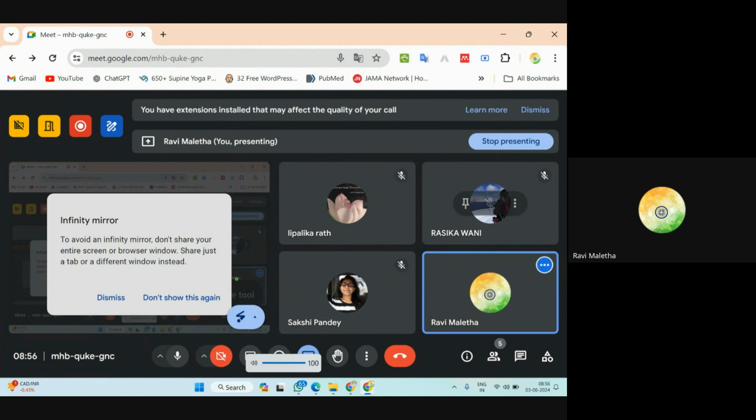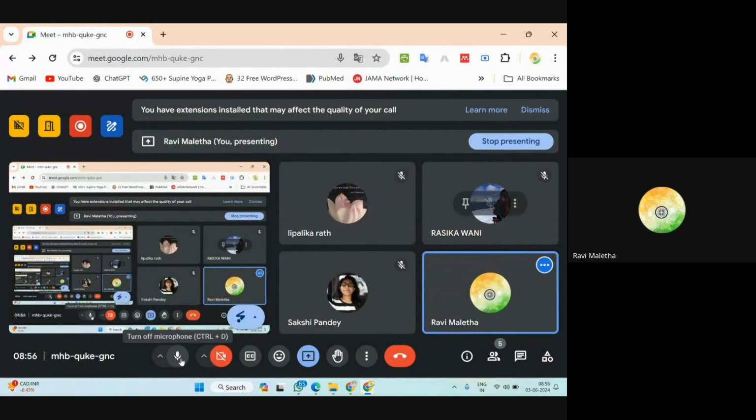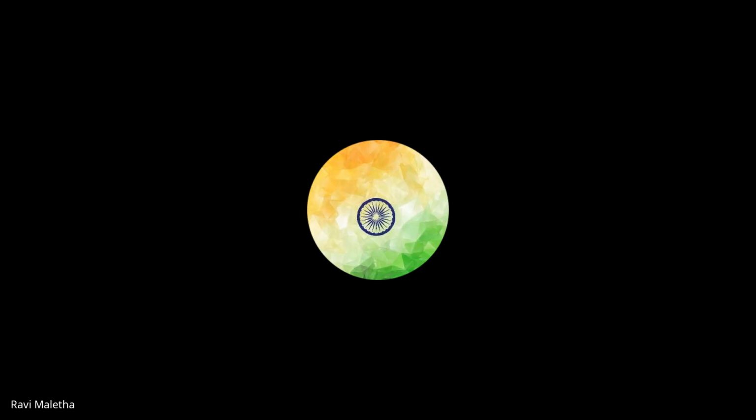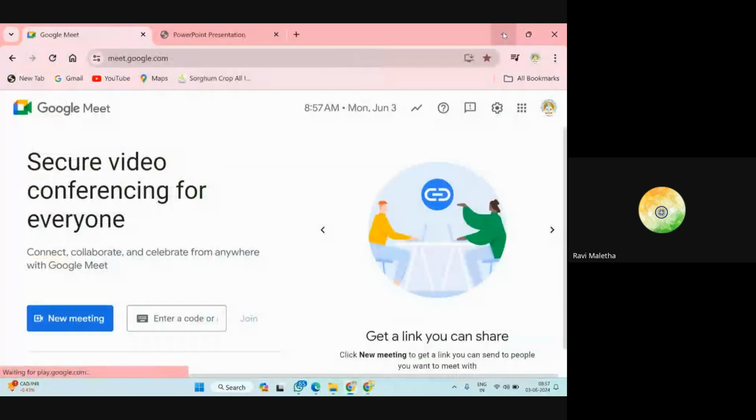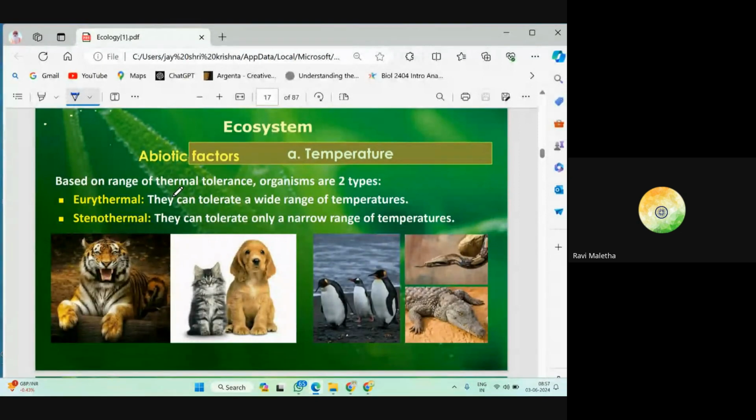I also shared the PDF in the group in case it happens again, then we'll continue like that. Okay, now the presentation is also visible. Yes, sir.